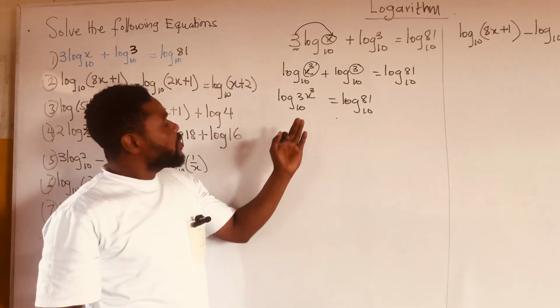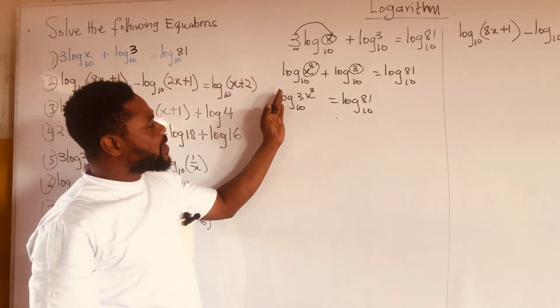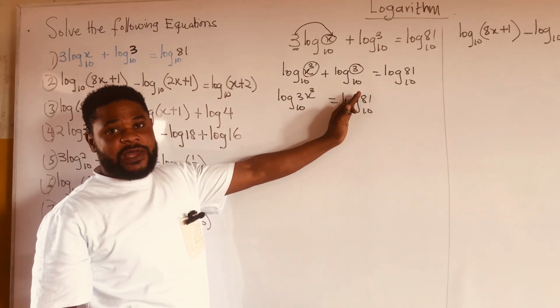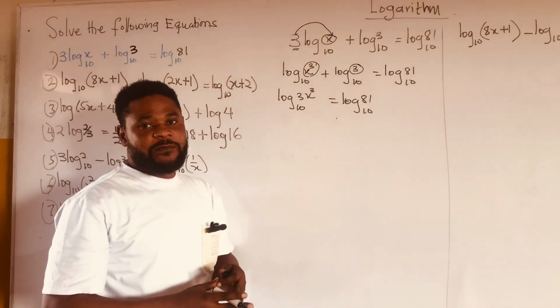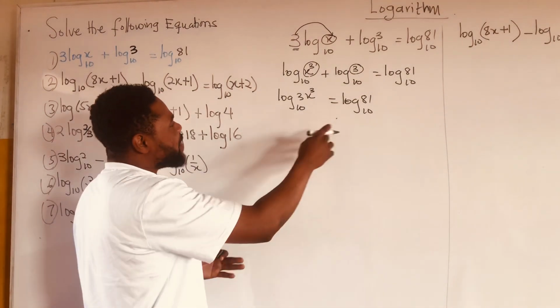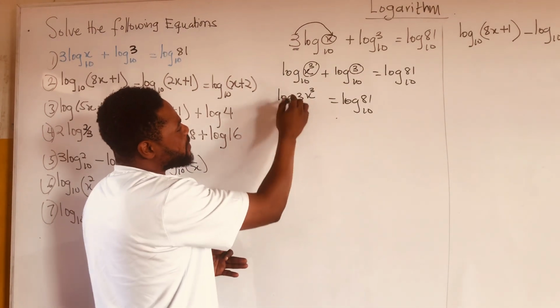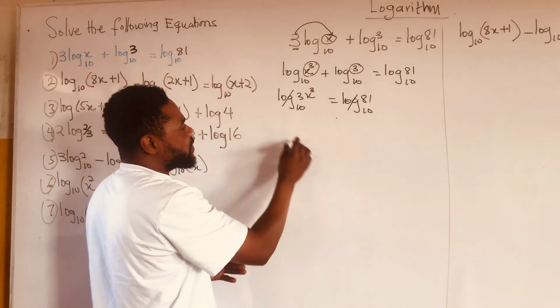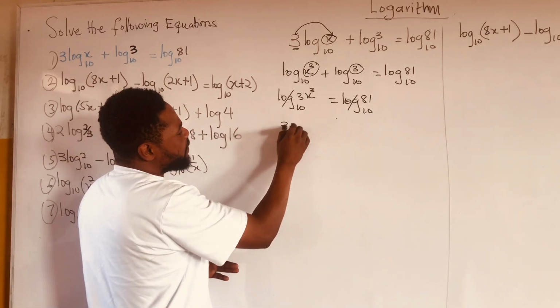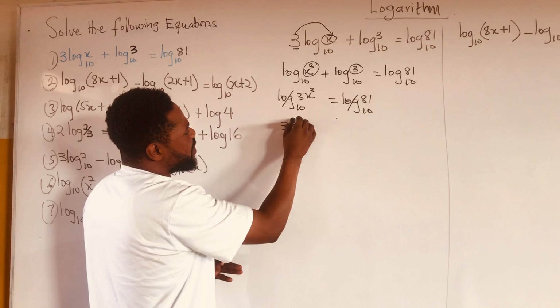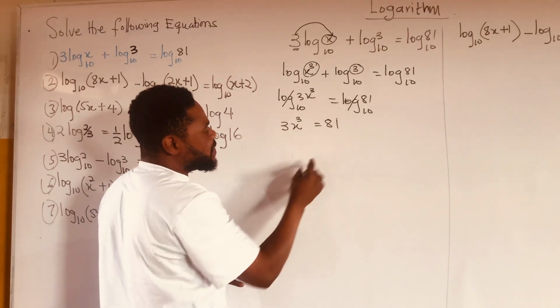At this level, where we have a single log here and another single log here, we find antilog of both sides. And by finding antilog of both sides, these two logs will cancel out. Therefore, we have 3x raised to the power 3 equal to 81.